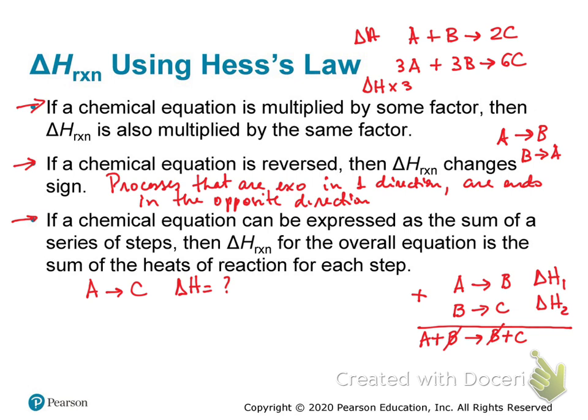I am left with the equation that I want. And what is the enthalpy of the equation that I want? The enthalpy of the one that I'm looking for, delta H, is delta H1 plus delta H2. That's what this bullet is talking about.